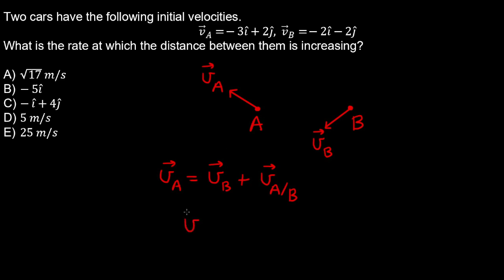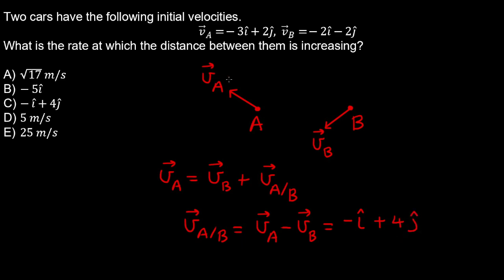So therefore the velocity of car A relative to B is equal to VA minus VB. So minus 3 minus minus 2 gives minus 1 in the horizontal direction, and 2 minus negative 2 gives 4 in the vertical direction.